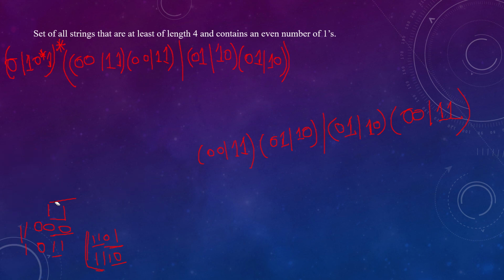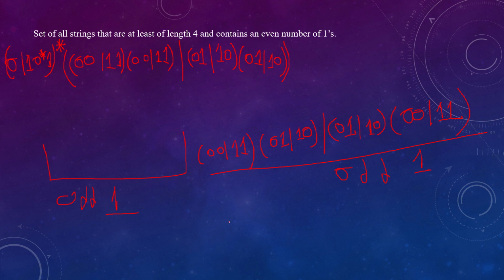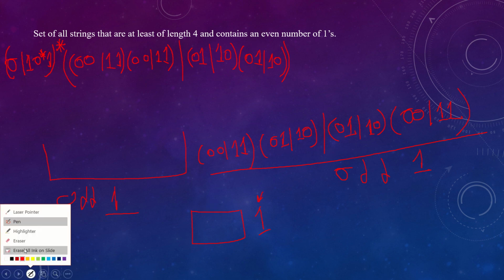Because our length can be greater than 4, so we can have something before these two. Now what we have to have before, as this has odd number of ones, so there must be odd number of 1 here too to make it even. So how can we generate odd number of 1? To generate odd number of 1, we have to at first generate even number of 1 and then add 1 extra.